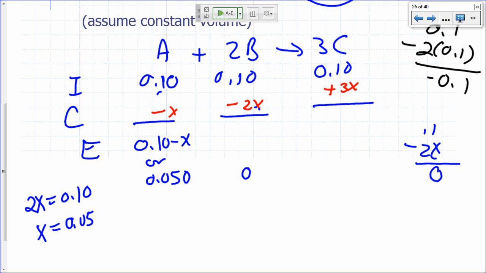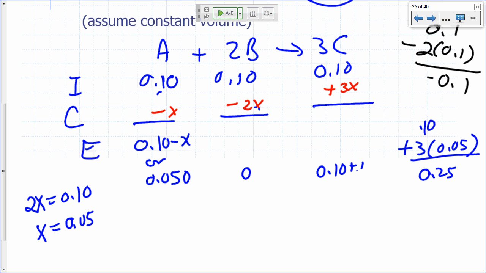And this is going to be 0, and this is going to be 0.10 plus 3X. What's 0.10 plus 3X? What is 3X? 3 times 0.05. That's 0.15 plus 0.1.